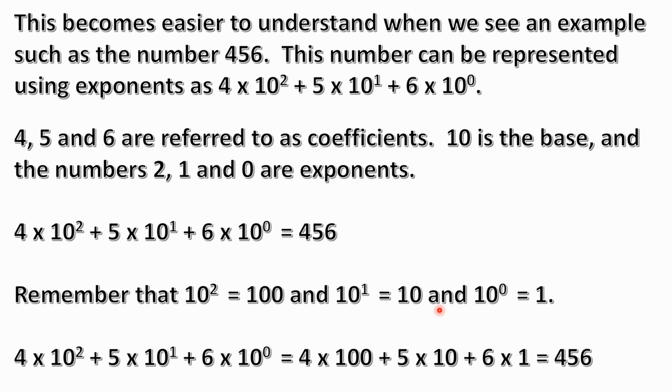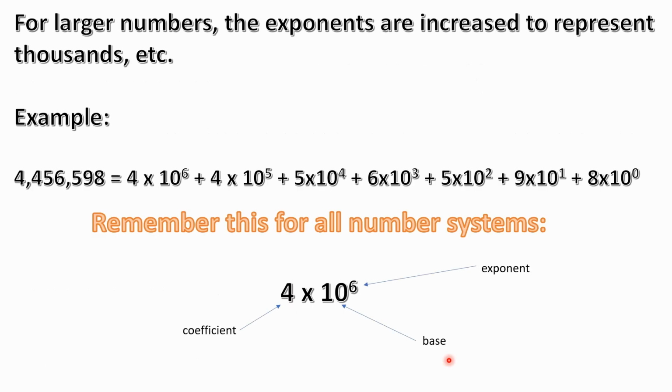So once again, 4 times 10 to the second plus 5 times 10 to the first plus 6 times 10 to the 0 power is 4 times 100 plus 5 times 10 plus 6 times 1. That's 400 plus 50 plus 6 equals 456. So base 10 is referring to the base here, this number 10.